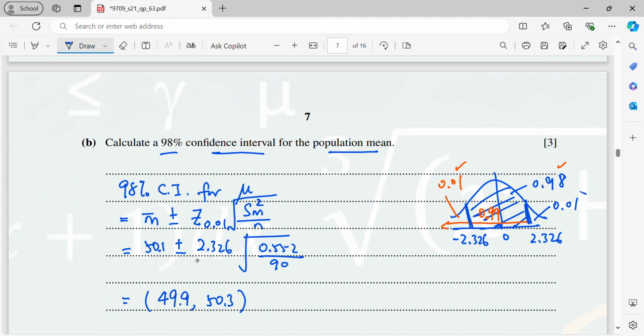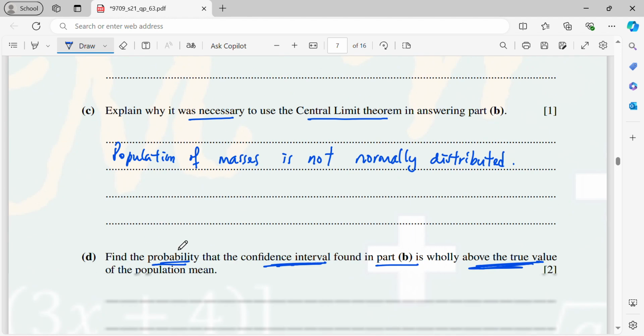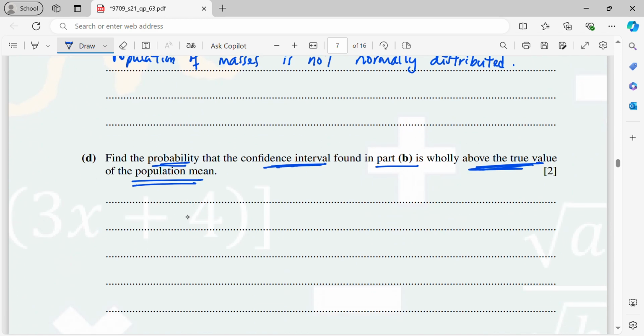So when it is above that confidence interval, obviously this is 0.01. Okay, so the calculation here, the probability equals 1 minus 0.98, then divided by 2. That means you are getting 0.02 divided by 2, hence 0.01. So that is the solution of D.